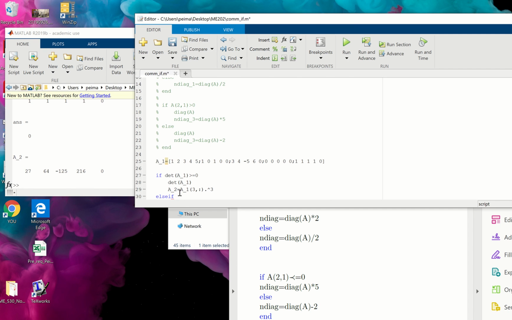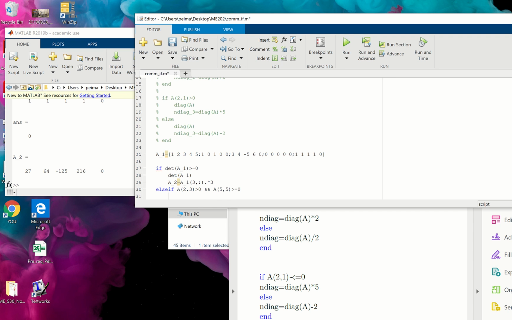Else if I say if A2,3, the second row and third column, is greater than 0, and this sign is and in MATLAB, guys, and A5,5 is greater than or equal to 0.